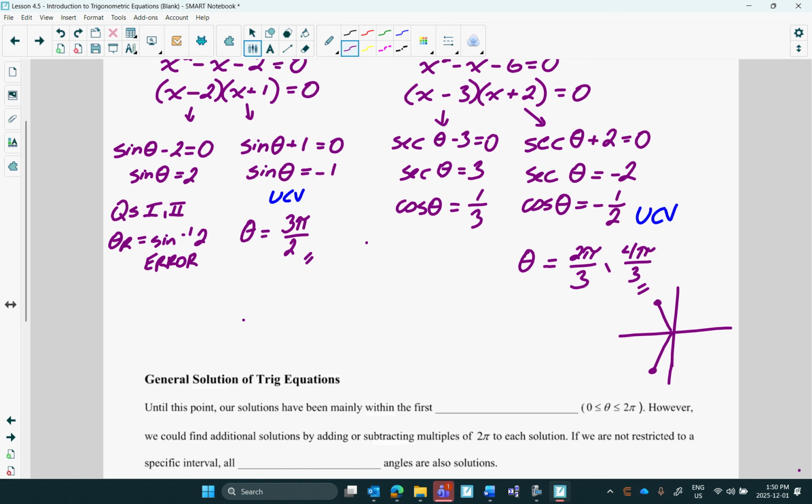This one I got to do quadrants and reference angle. Quadrants 1 and 4. And again, even if you want to just do this, get your answer like this. The cos inverse of 1/3, and remembering we're in radians, will give us 1.231.